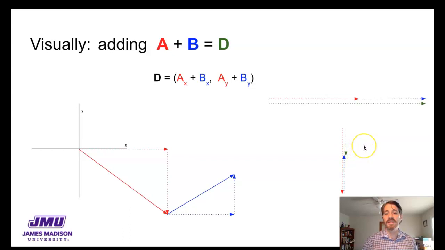So my D vector, the resultant vector of A and B, has an x component that is this dotted line and a y component that is this dotted line, each of which is found by adding the respective components of the vectors being added together. A in the x plus B in the x gives me this green dotted line. A in the y plus B in the y gives me this green dotted line.